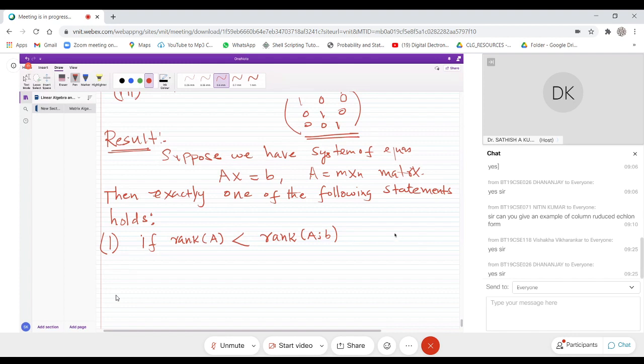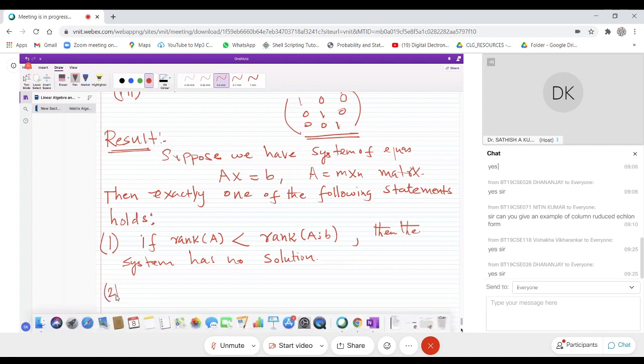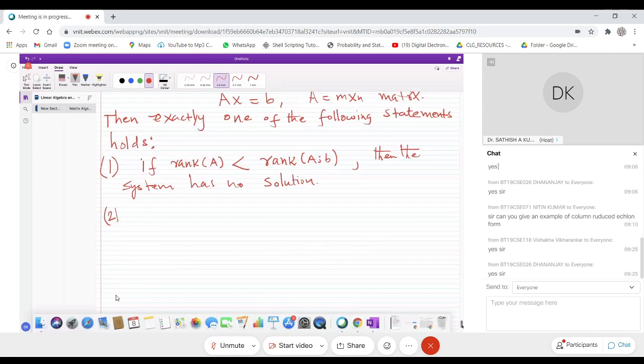Then in that case the system has no solution. So if the rank of A is less than the rank of [A|b], then the system has no solution.